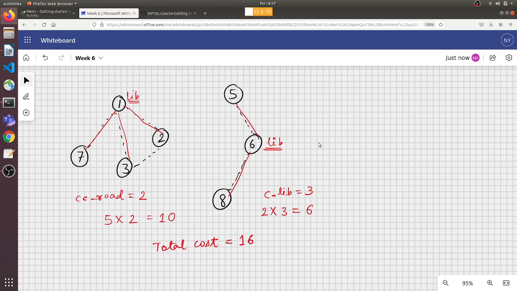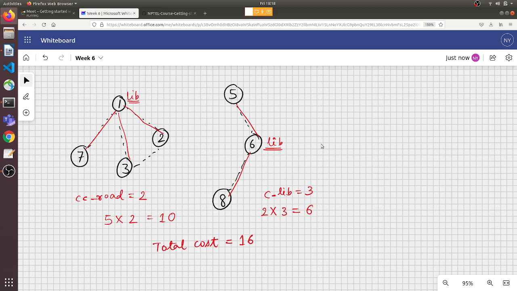The other way is, of course, you can construct one library in each city. Now what will be the cost for that? If you construct one library in every city, then do you need to construct any roads? You won't need to construct any roads, because every city has access to its own library.